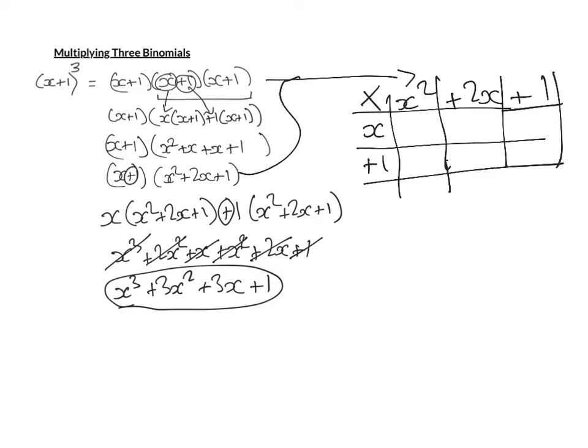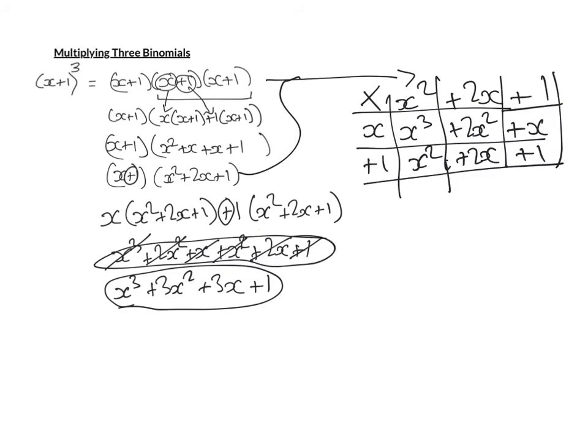So there we go. X times x squared, x cubed, plus 2x squared, plus 1x, okay? And then x squared there, plus 2x, plus 1. Okay, so there's our 6 multiplications, which we can see match the 6 multiplications we've got down here.